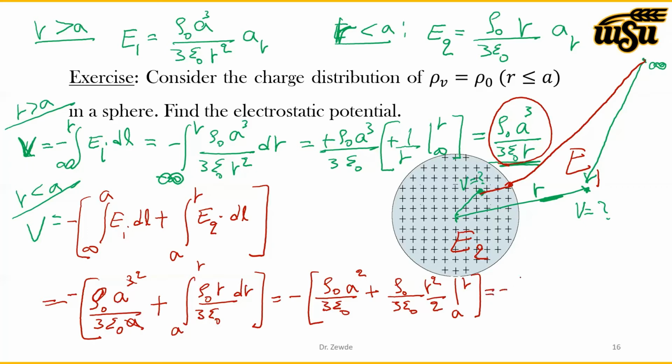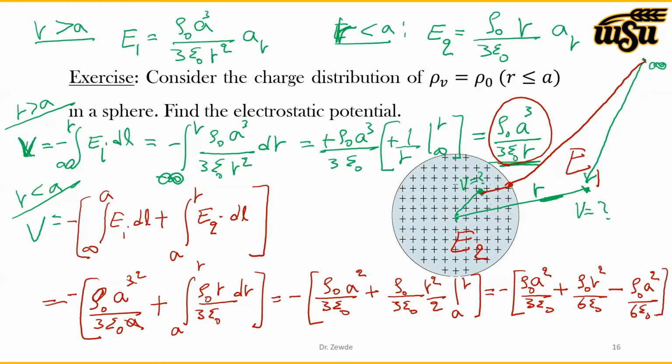So this is minus rho naught a squared over 3 epsilon naught, plus rho naught r squared over 6 epsilon naught, minus rho naught a squared over 6 epsilon naught.